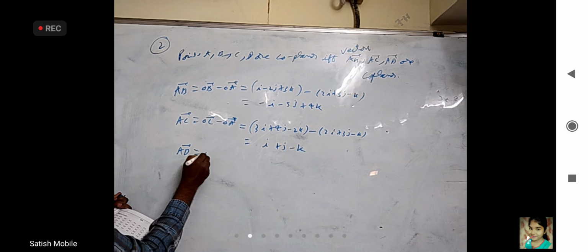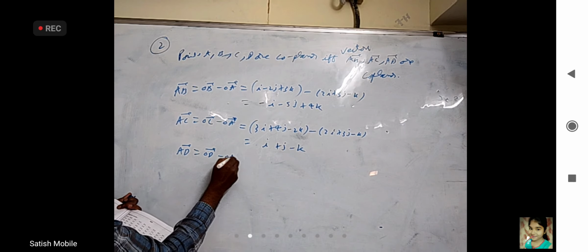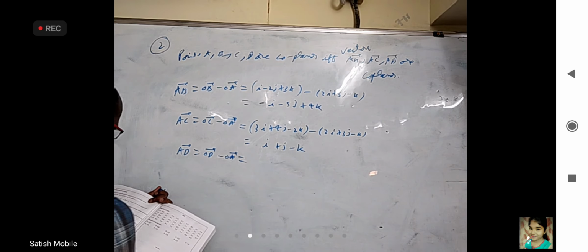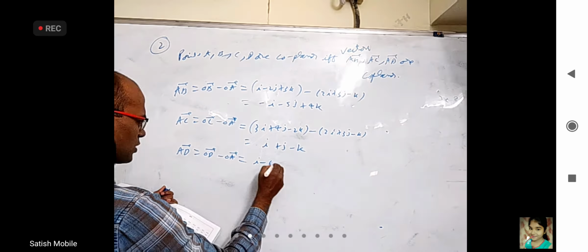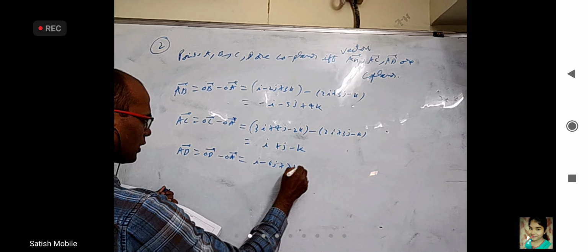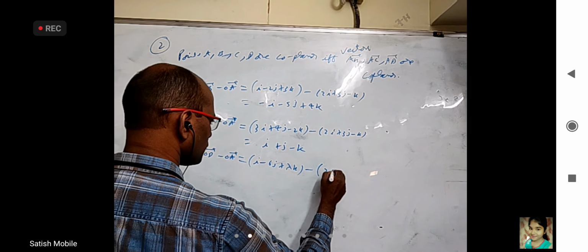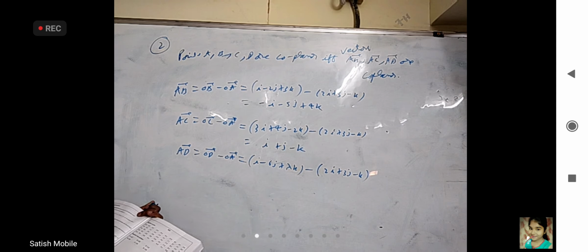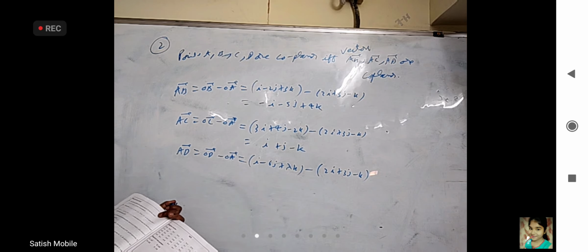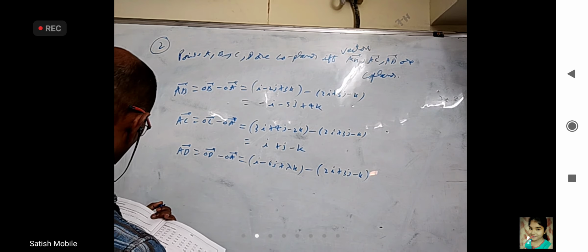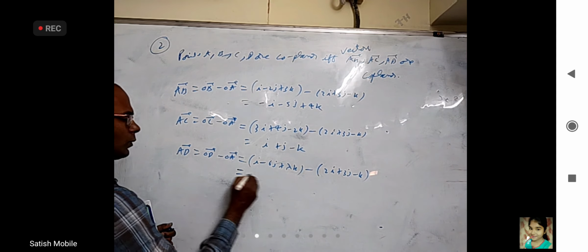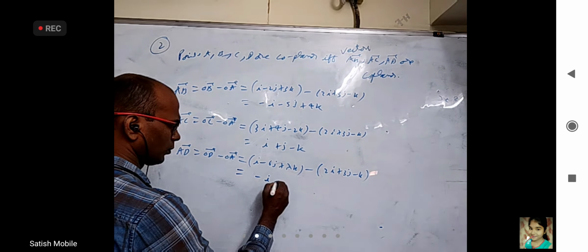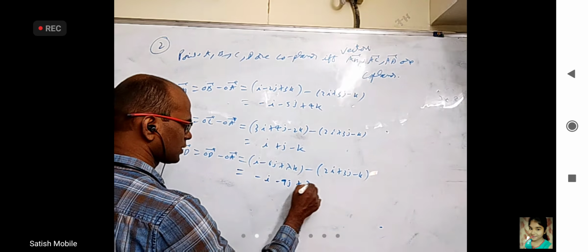AD bar is OD bar minus OA bar. That is i minus 6j plus lambda k minus (2i plus 3j minus k), which is minus i minus 9j plus (lambda plus 1)k.